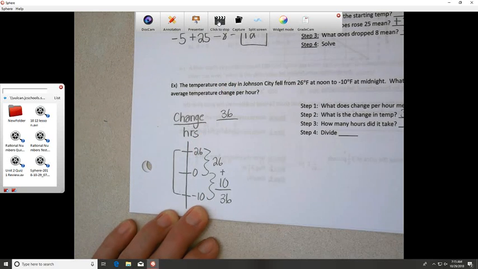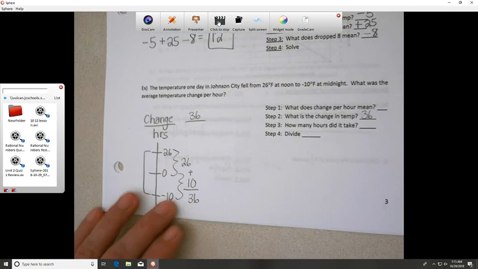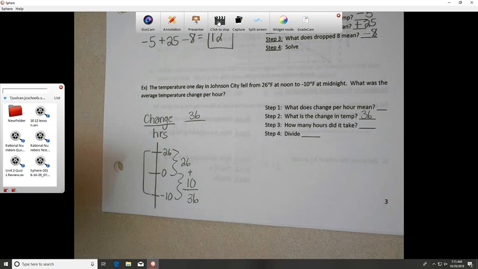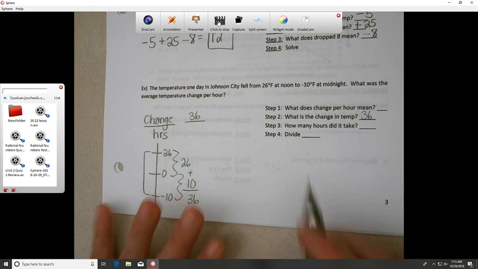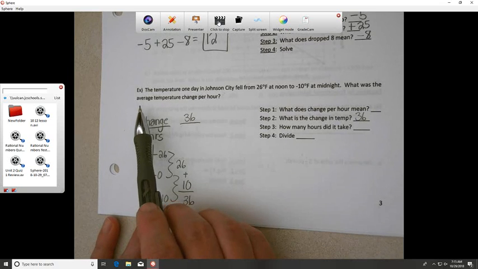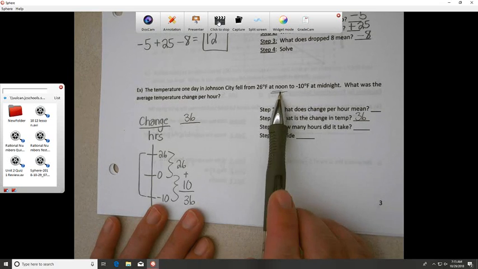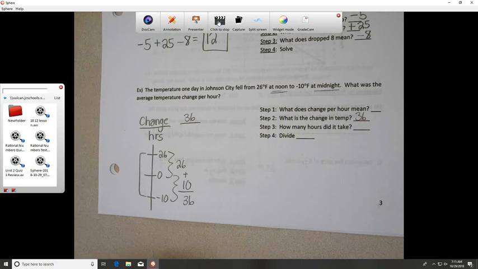It fell from 26 degrees at noon to negative 10 degrees at midnight, so we need to know how many hours it is from noon to midnight. If you're not sure, you can count hour by hour, just use your fingers and add it up. But from noon to midnight is 12 hours. So I'm going to divide that by 12.